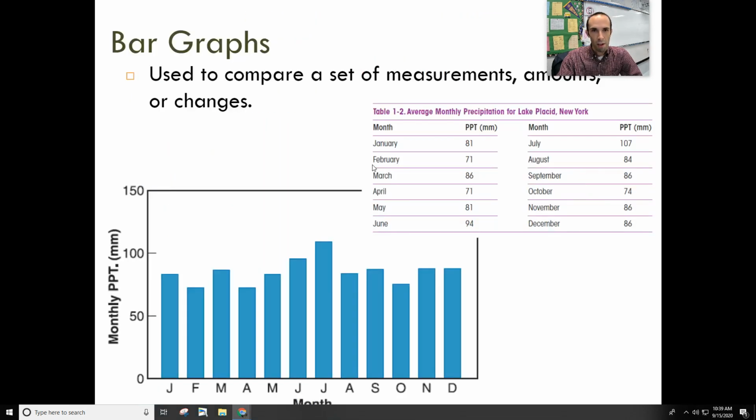So a bar graph is really useful for measurements and amounts and comparisons of things. So you can kind of see that shown here. These are the months on the x-axis, time, and on the y-axis we have the amount of precipitation, and we can tell pretty quickly which month has the most by just looking at all the bars. So bar graphs are really useful for that purpose, comparing values.